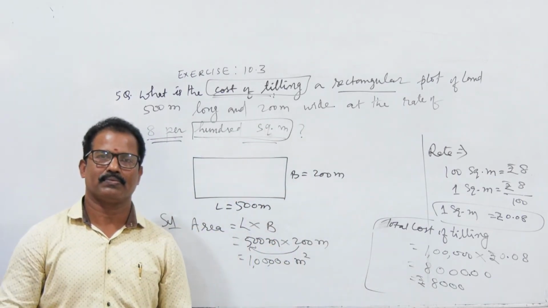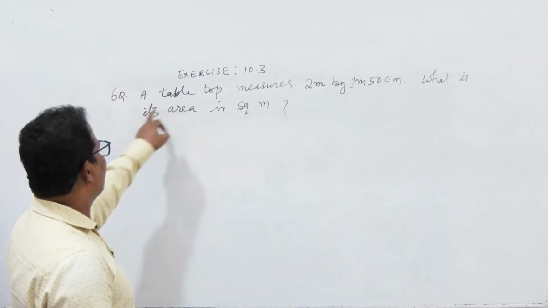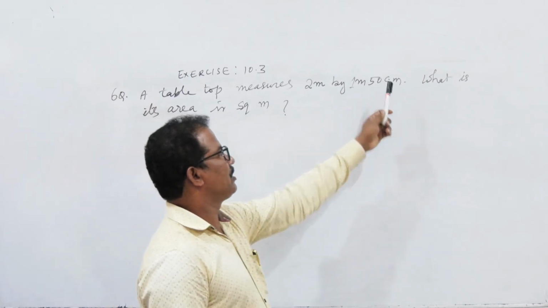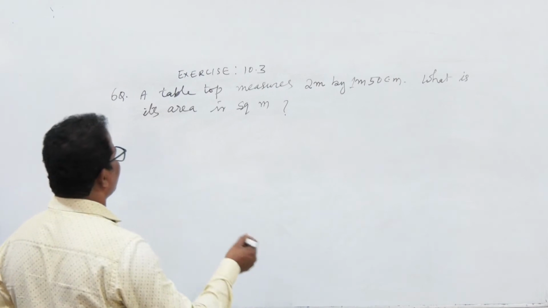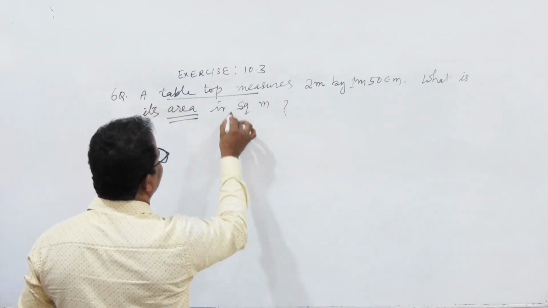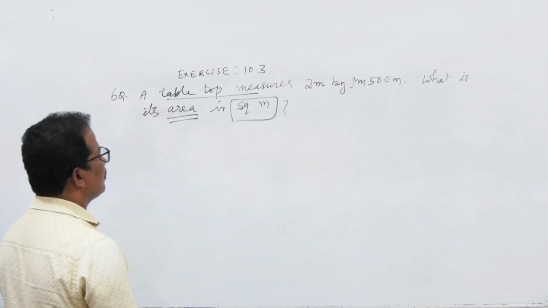Understand? Good. Now in question number C, see here, a tabletop measures 2 meter by 1 meter 50 centimeter. What is its area in square meter? That means we need to find the tabletop's area completely in square meters. That means in meters we have to find. Understand?